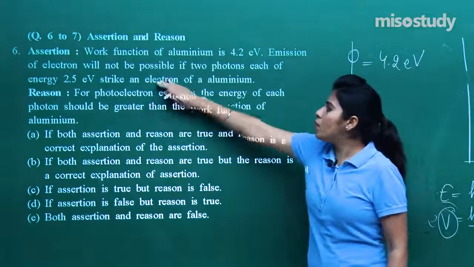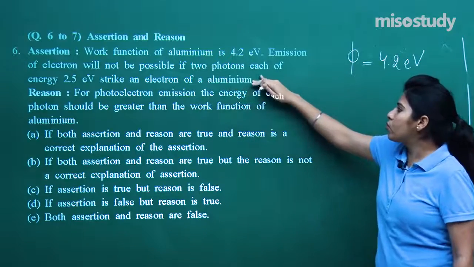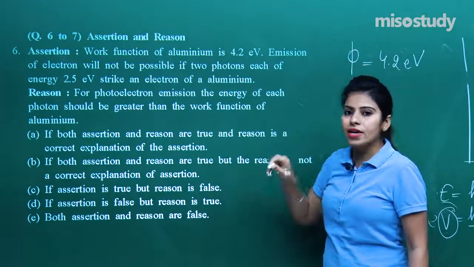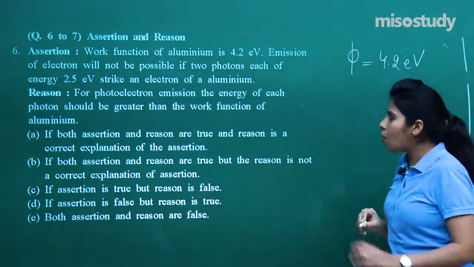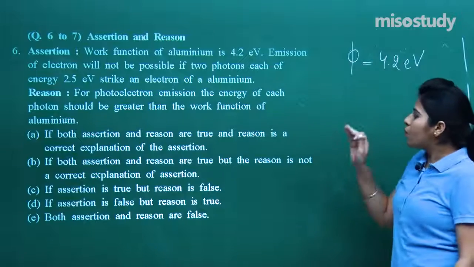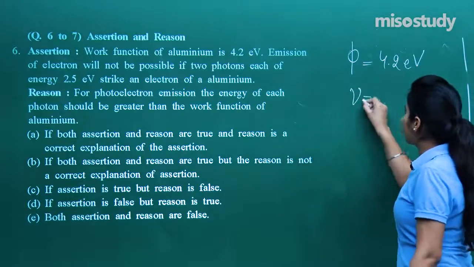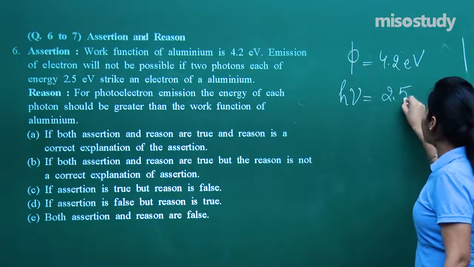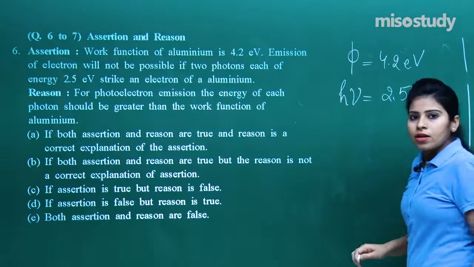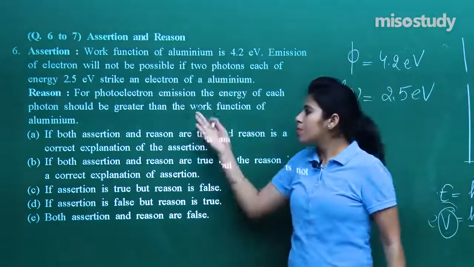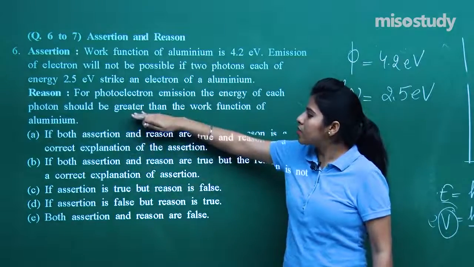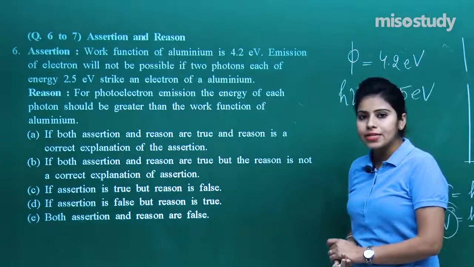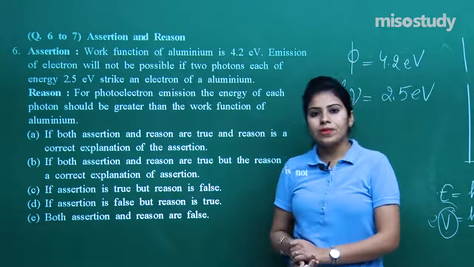Emission of electrons will not be possible if 2 photons, each of energy 2.5 electron volt, strike an electron of aluminium. So we can note here that the energy h nu is 2.5 electron volt. Now let me read out the reason. The reason is that for photoelectron emission the energy of each photon should be greater than the work function of aluminium.